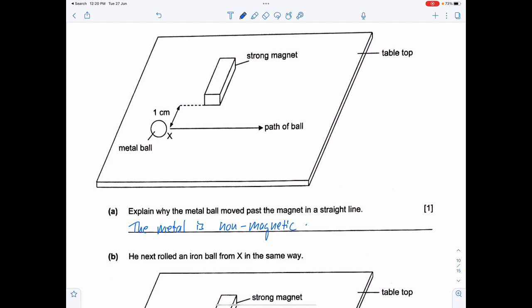So what are some examples of non-magnetic metal? For example, copper, aluminium. Just in case you have forgotten what your magnetic materials are, remember COINS.